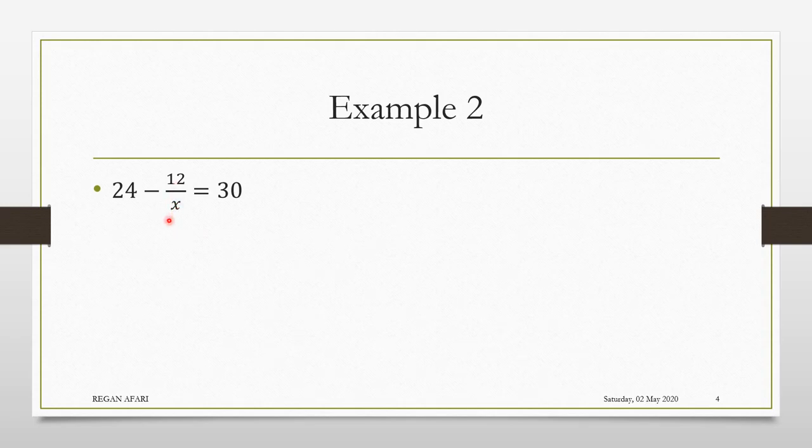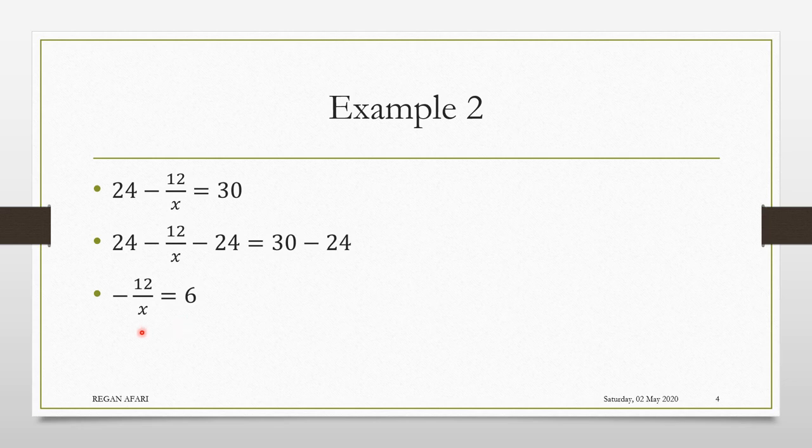So what you would want to do is to subtract 24 from both sides, so that you get rid of the 24 on the left hand side of the equation. So this 24 and that 24 will be 0. So we will get negative 12 over x is equal to 6. Why? Because 30 minus 24 gives us 6.